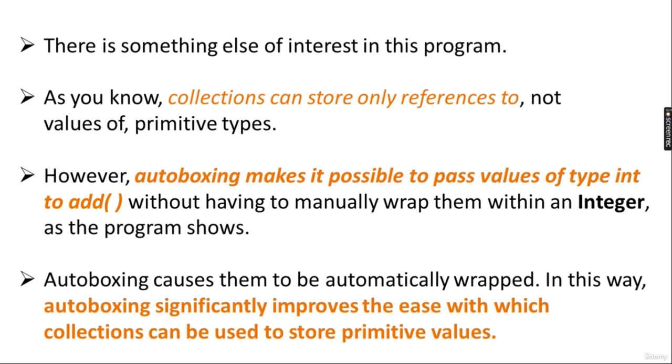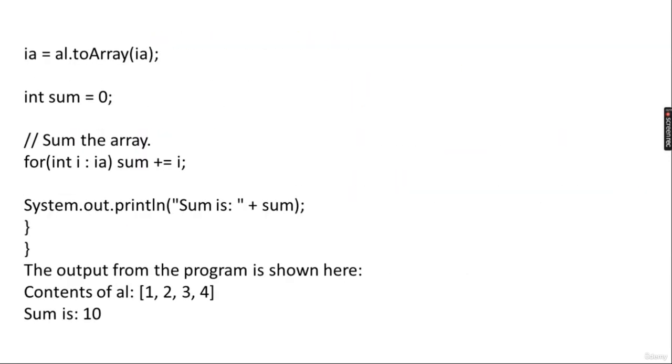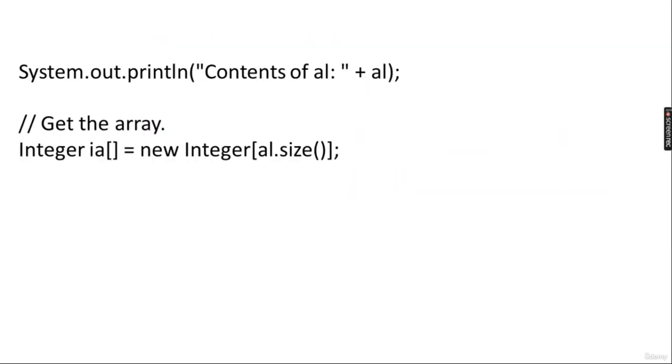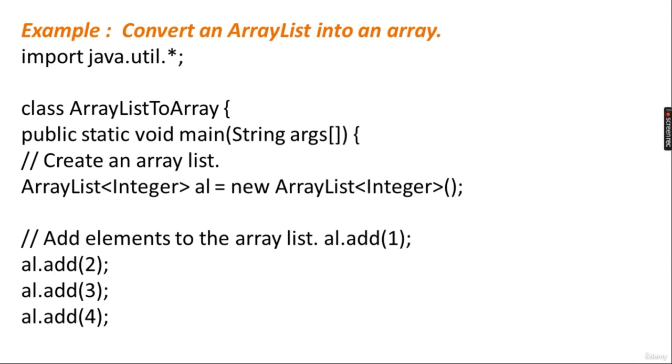So what is the example of autoboxing? What is the advantage, like we have seen right now? Autoboxing made it possible to pass values of type int. So what is the add function here? This is the add function. In that add, you are adding the integer elements.